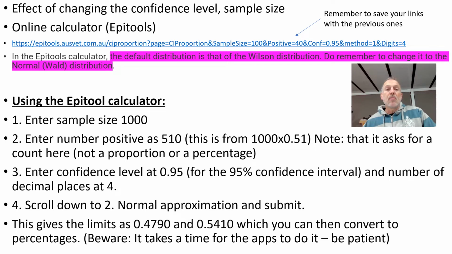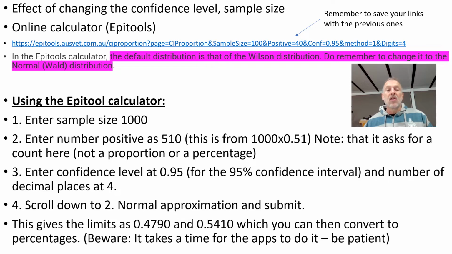So in the EpiTools calculator, the default distribution is that of a Wilson distribution, but just remember to change it to a normal Wald distribution. So the way that we're going to use the EpiTools calculator: number 1, enter a sample size of 1,000. Number 2, enter the number positive as 510, and this is from 1,000 multiplied by 0.51.